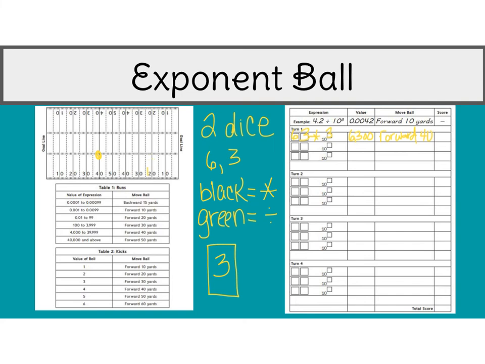On the last chance, I get to kick the ball if I'd like. And the reason I would kick the ball is if I have not scored. So if you do not score in the first 3 chances, you can choose to run or kick, actually, on your 4th chance.